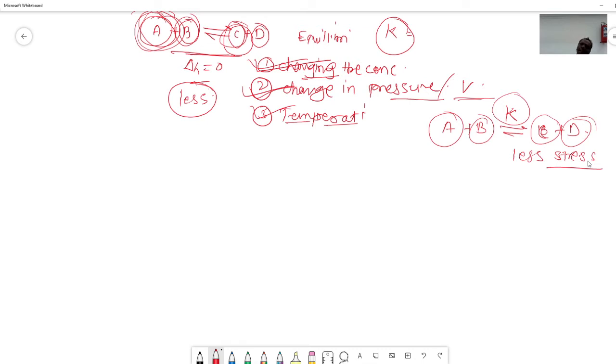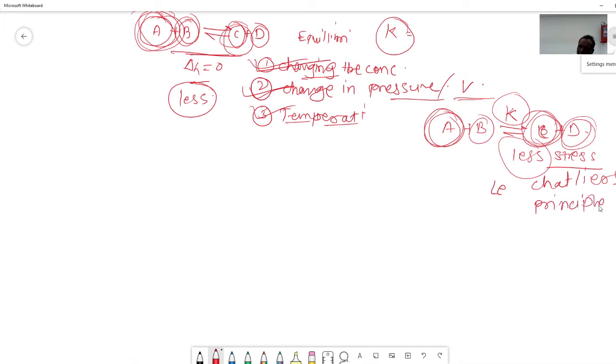If the reaction proceeding in the forward direction makes the stress less, then the reaction will move in the forward direction. If the overall stress is less when the reaction moves in the backward direction, the reaction will move in the backward direction. That is called Le Chatelier's principle.